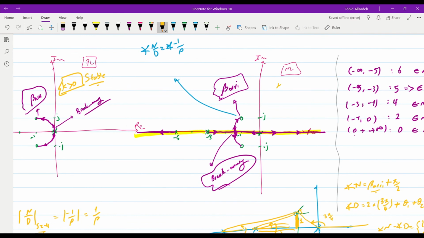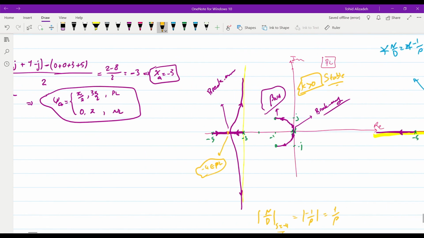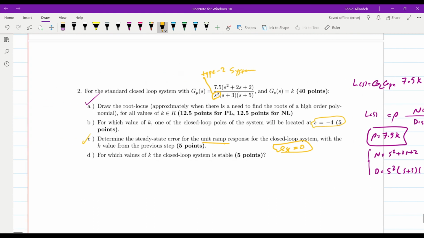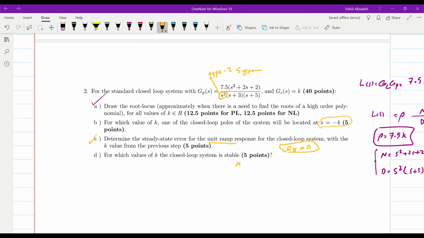For k smaller than 0, you can see that we have one pole always on the right half plane, so the system will be unstable for any negative value of k. And as a result, we can say that for k bigger than 0, the system will be stable. So answering this was also easy if you had drawn the Root-locus sketch of the system properly.